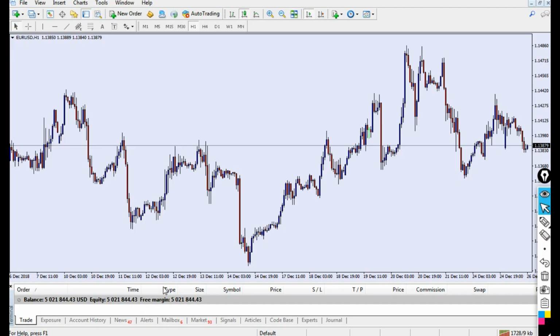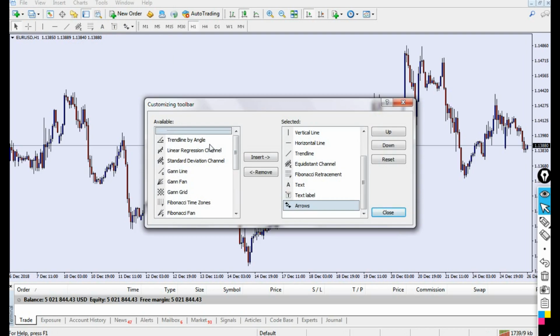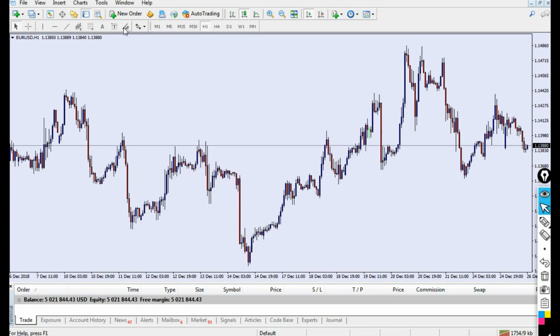Okay, let's talk over this. Why do we use trend angle lines? We have an option here. If you right click, go to customize and then put trend angle insert, it will be on the bar now.